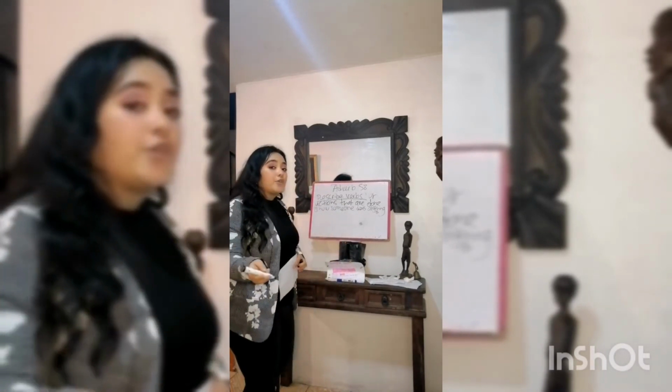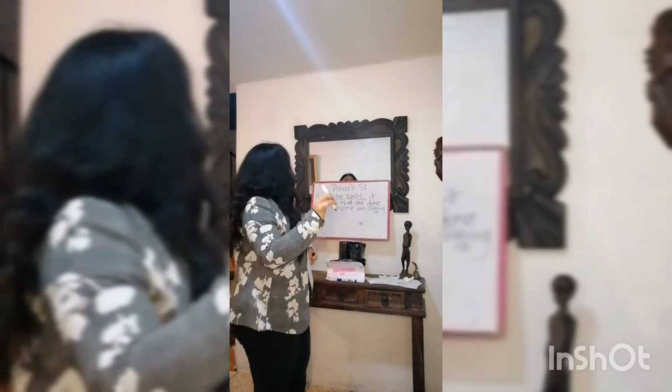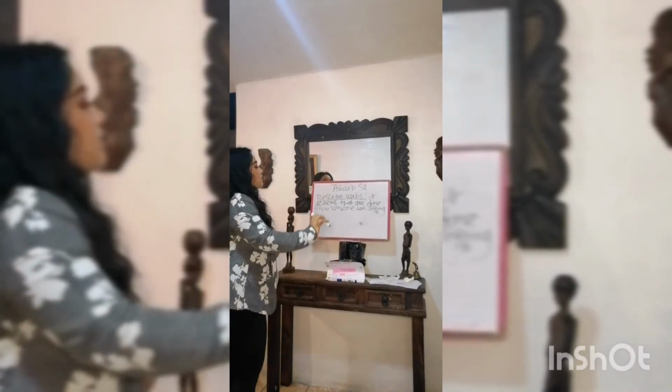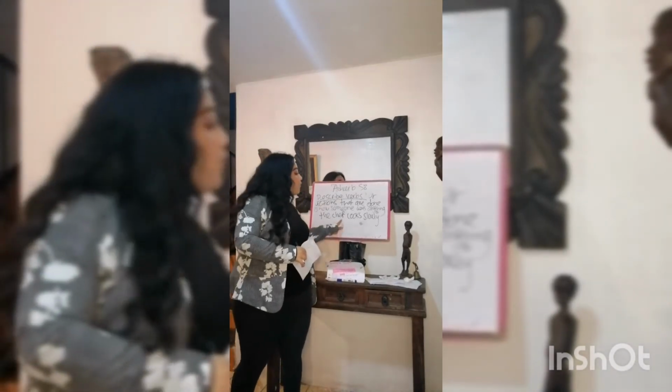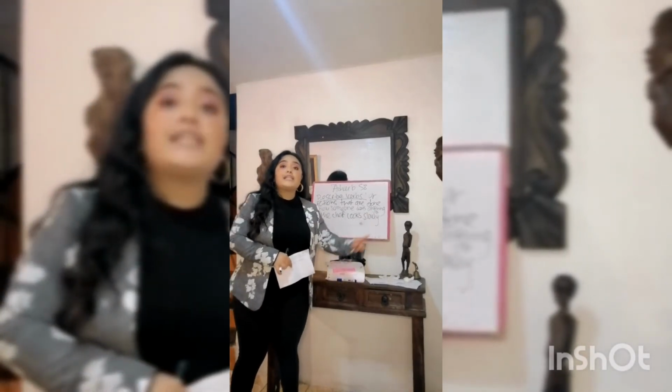We can use adverbs to know how someone does anything. So for example, it will be: the chef cooks slowly. Okay? So the sentence will be the chef cooks slowly.